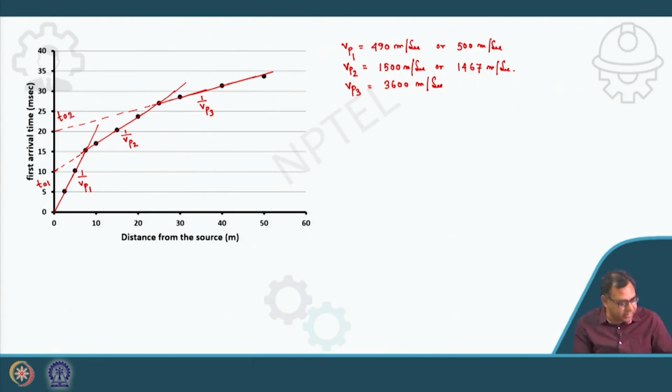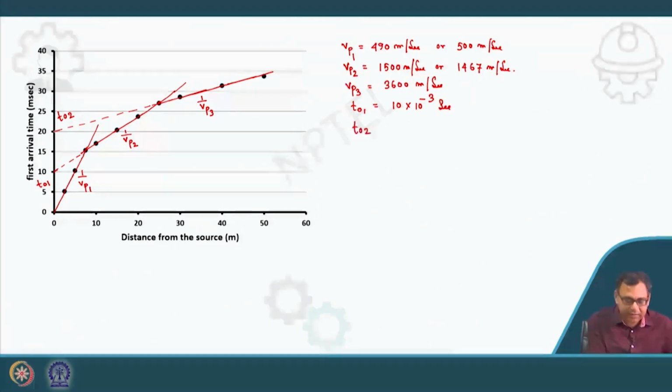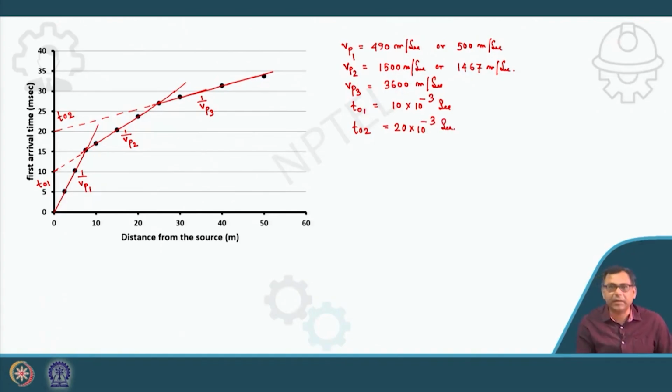From here I get that T01 is 10 millisecond, that means 10 into 10 to the power minus 3 second. And T02, you can see, is 20 millisecond, which is 20 into 10 to the power minus 3 second.